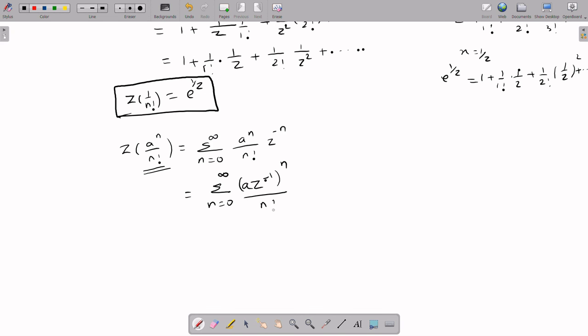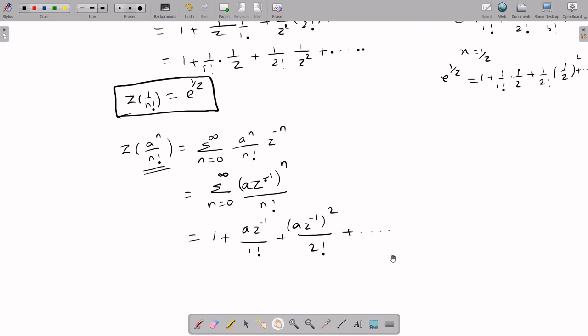Now you substitute n is equal to 0. Anything power 0 is 1 and 0 factorial is 1. So first term you have 1, plus n is equal to 1, you have a Z power minus 1 divided by 1 factorial. What about n is equal to 2? a Z power minus 1 the whole square divided by 2 factorial plus etc., up to infinity it will go. This is similar to the expansion e power x, isn't it?